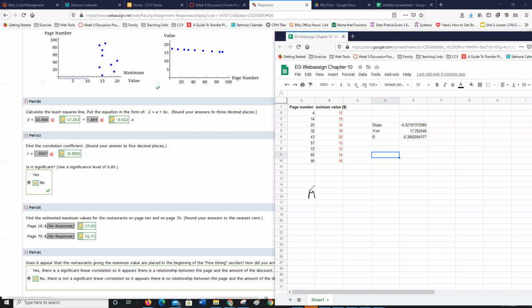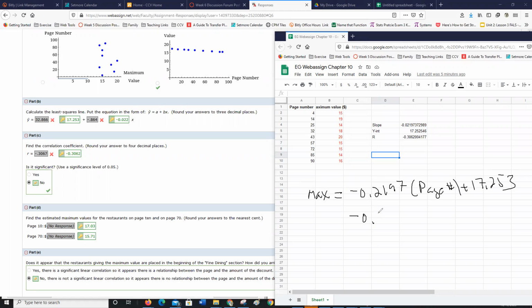So the max value equals negative 0.2197, I'll go with, times the page number plus 17.253, I'll go with. So then make the prediction for page 10.